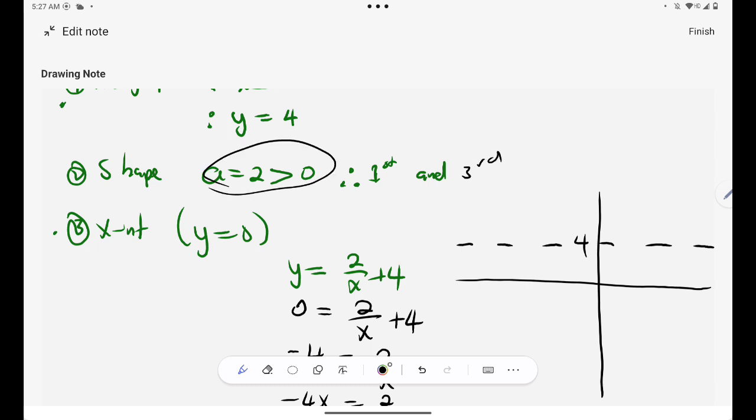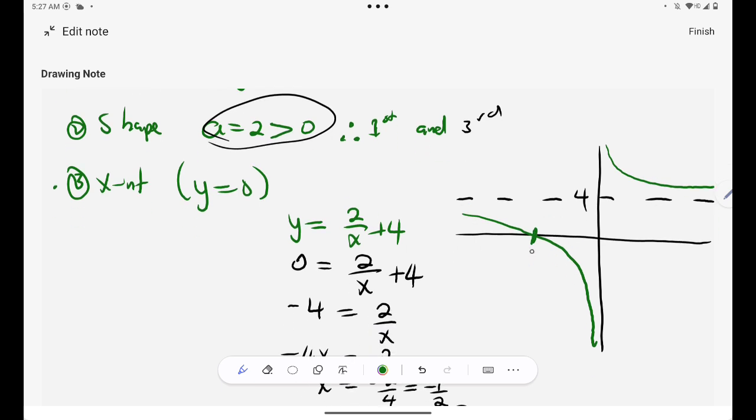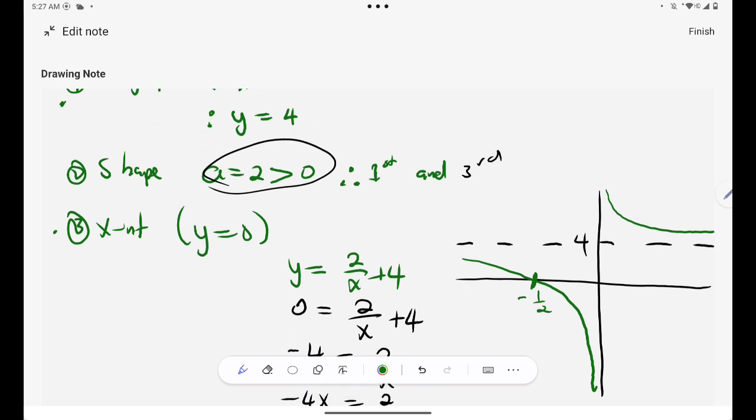Right, together. So my graph should look like this. This will be my x-intercept when x is equal to a negative half. Always label your x, y, 0, x-axis. This is how my graph should look.